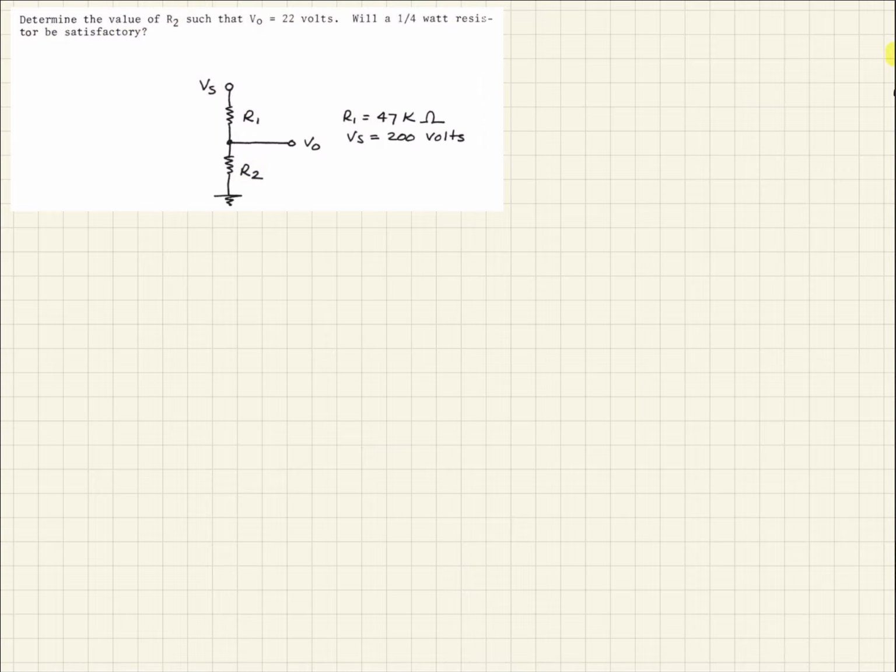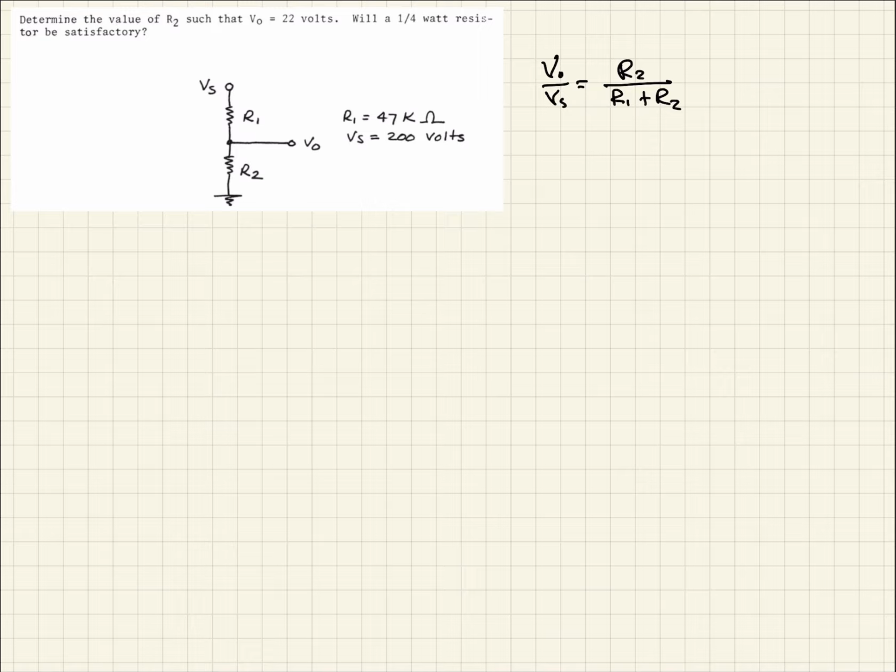To do this, we need to recall the equation for a voltage divider circuit, which can be written as the ratio of the output voltage to the supply voltage. Again, this is just a standard equation: V0 over Vs equals R2 over R1 plus R2.